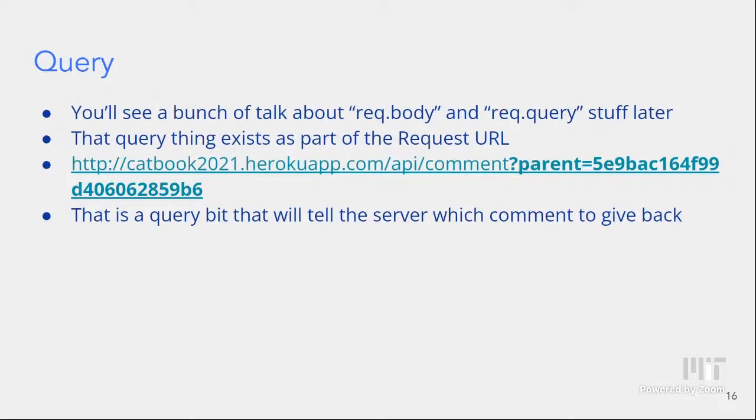There can be multiple variables in a query, but it just provides extra information to the server. In this particular case, when we make this API request, it will tell the server to grab all the comments with this specific parent.